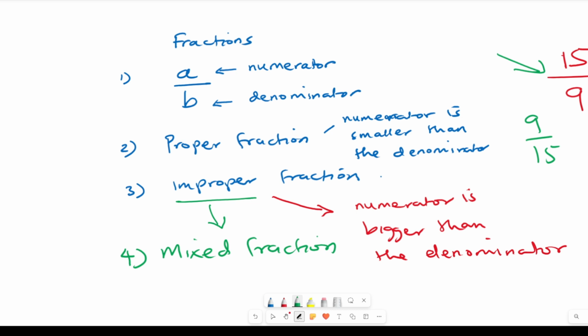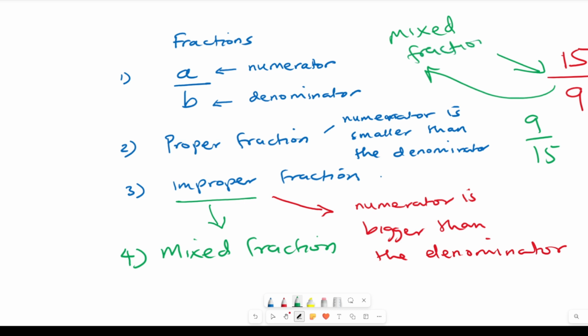We can simply rewrite it in another way that will feel proper to us, but maintain its value. So if we have an improper fraction in the form of 15 over 9 and we are not comfortable with it, all we can do is to make it a mixed fraction.